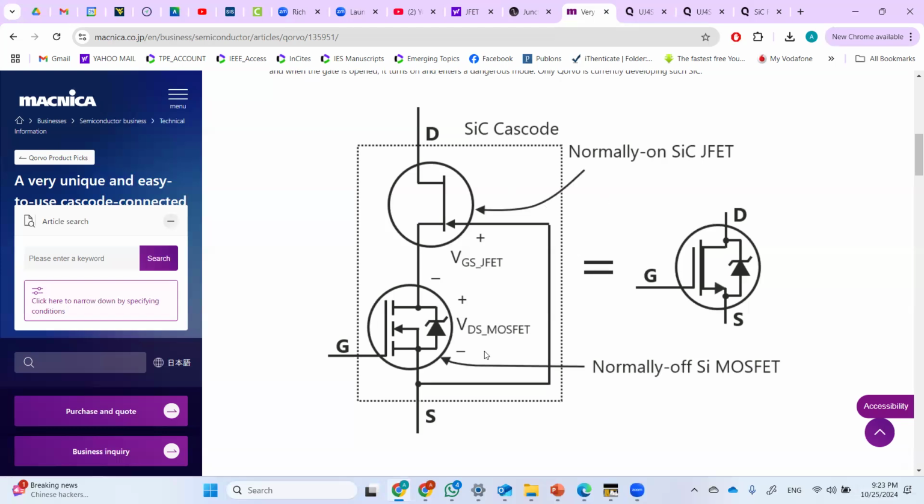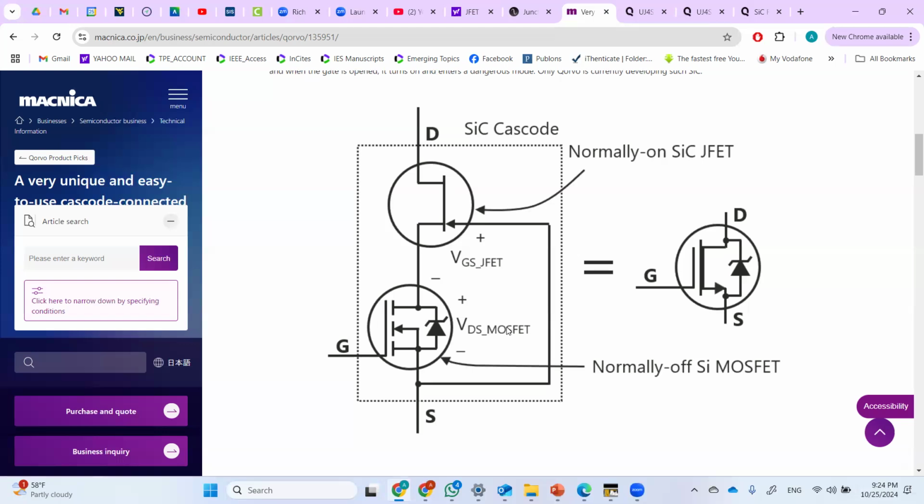But this MOSFET, or any MOSFET, is normally off. So with a small voltage MOSFET and a large voltage silicon carbide JFET, you can use this configuration together to make a normally off switch.